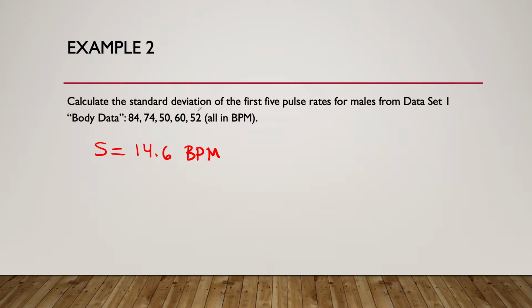If we throw it into that sample standard deviation formula, so the square root of the deviations around the mean squared, and you want to sum all those, divided by n minus 1. If you put all those inside of there and calculate that standard deviation, you get a value of 14.6 beats per minute for the sample standard deviation.